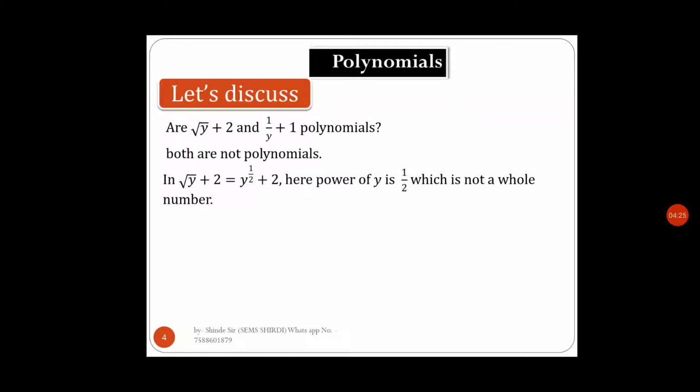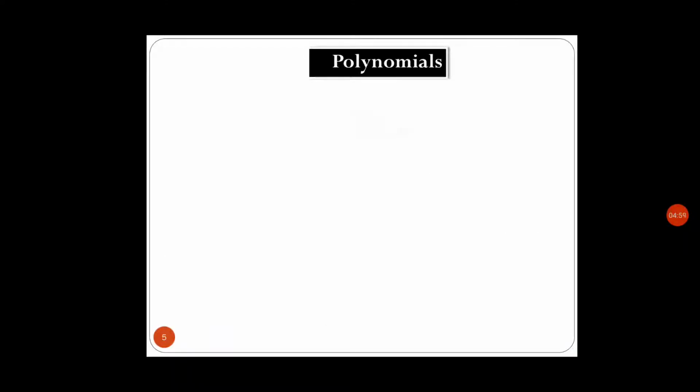That's why it is not a polynomial. Next, 1 by y plus 1 is equal to y raised to minus 1 plus 1. Here the power of y is negative 1, which is not a whole number. That's why it is not a polynomial. Understood?